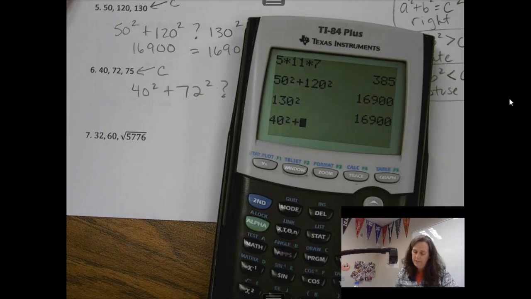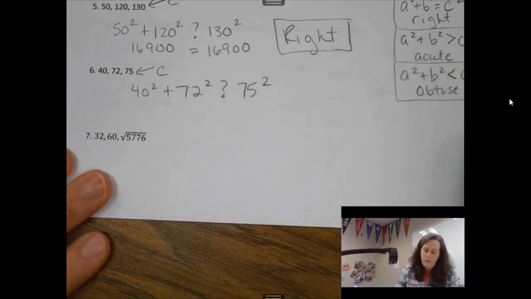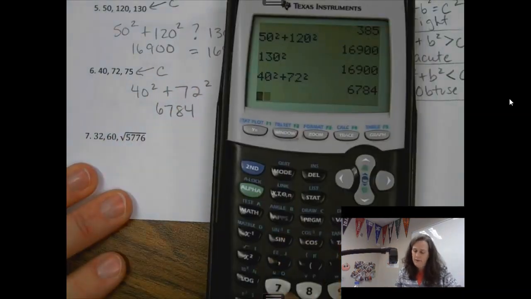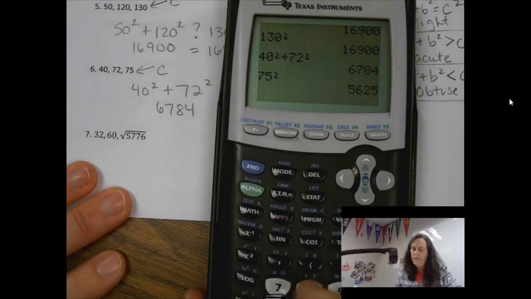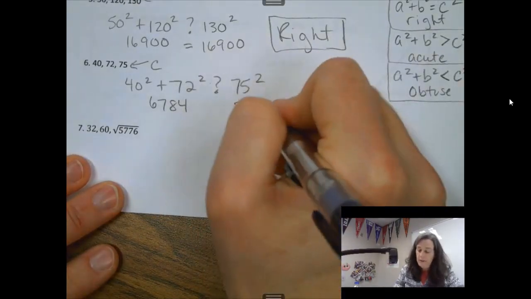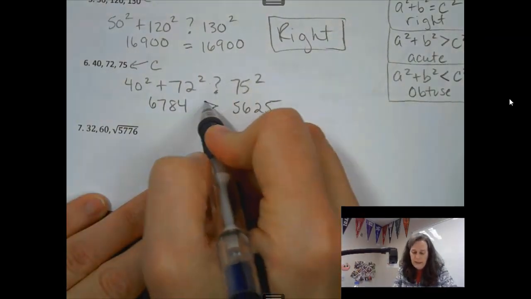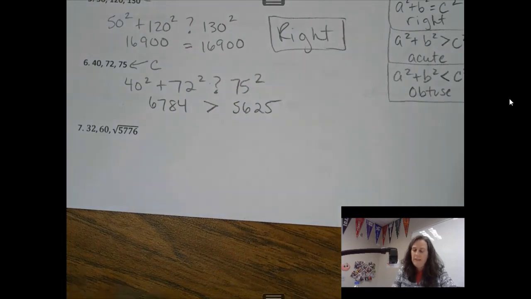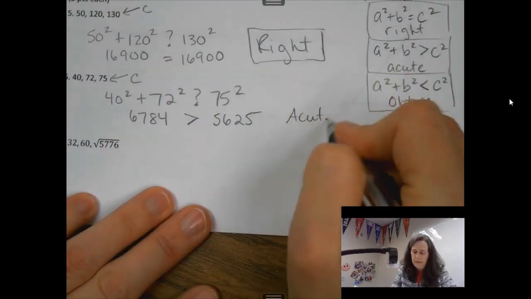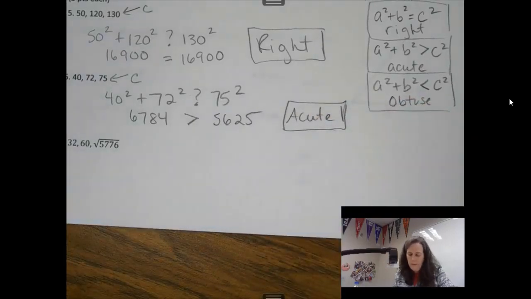Let's check. 6,784 and 75 squared, 5,625. Okay, those are not equal, and 6,000 is bigger, so we'll do this. That means it is an acute triangle. There's 2 little sides. Okay.